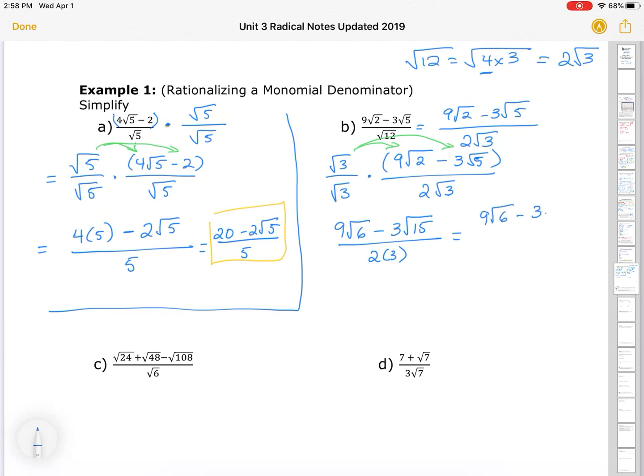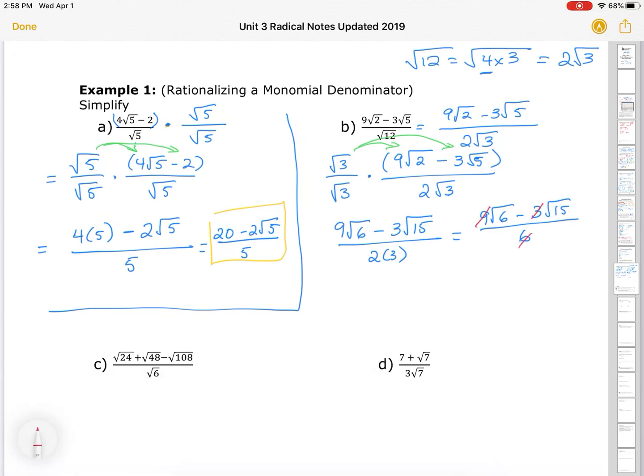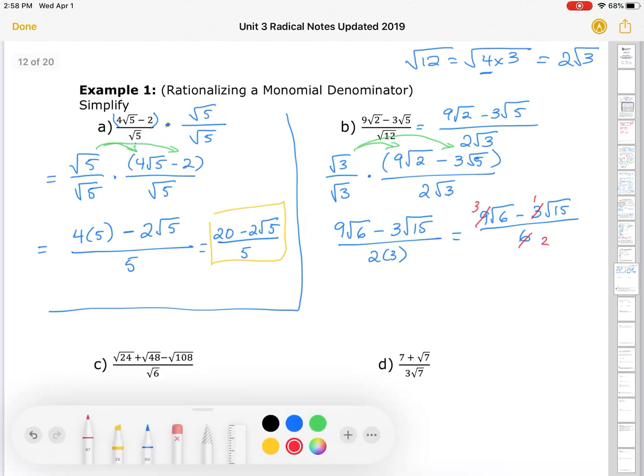Now I'm going to simplify this. So 9 root 6 minus 3 root 15 all over 2 root 3, which is 6. Now I ask myself, what number can I divide out of all the terms? They're all divisible by 3. So I'm going to divide all of these by 3.